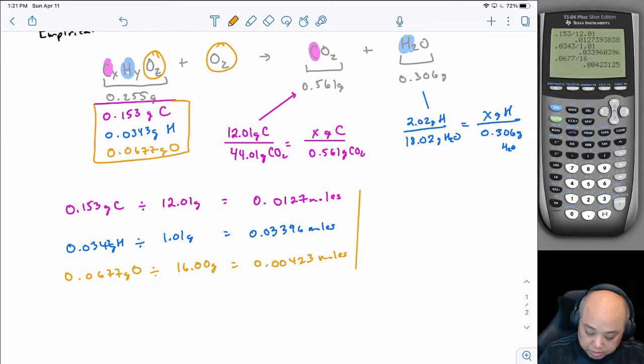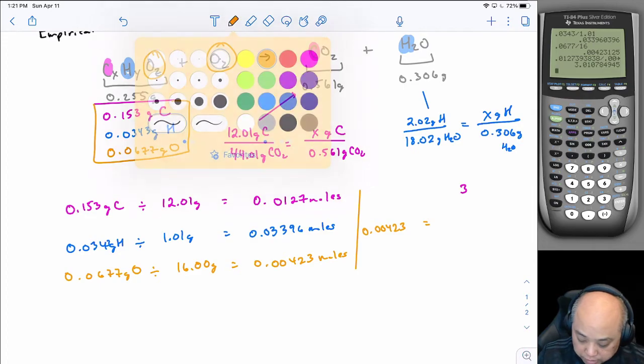Once you have the moles of each of those substances, you divide by the smallest value. And the smallest value in this case is 0.00423. And when we do that, we get essentially 3 for carbon, and we obviously get 1 for the last one because it's the same.